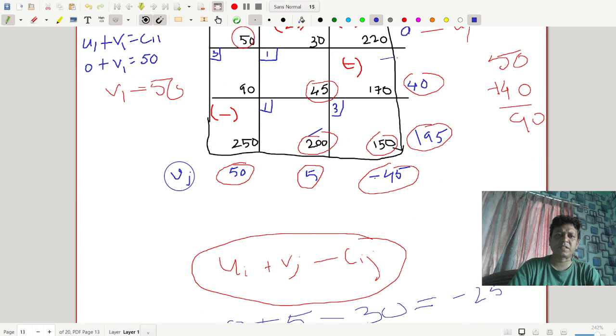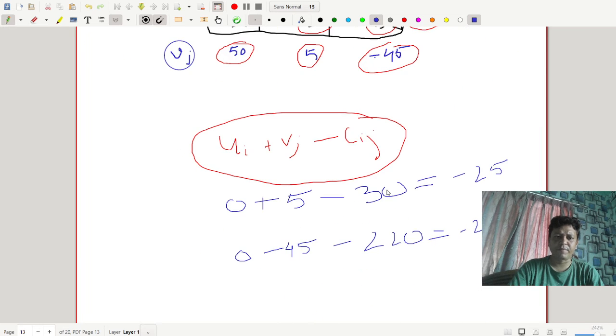Now the next non-basic cell is this one, the 2 3 position, second row, third column. For this non-basic cell, you are considering u2 as 40, and the corresponding v3 is minus 45.